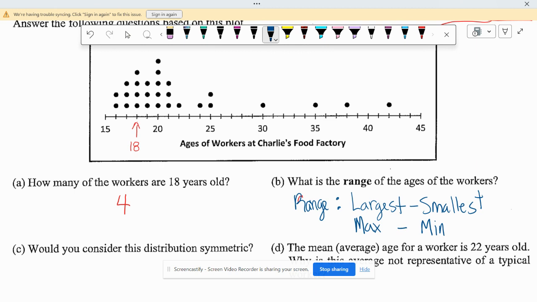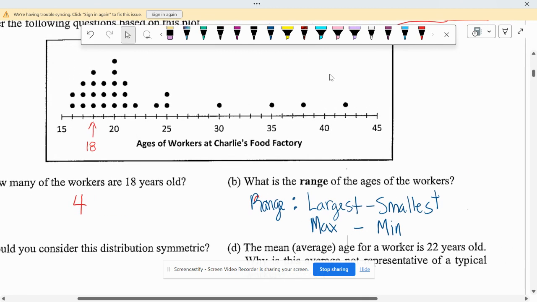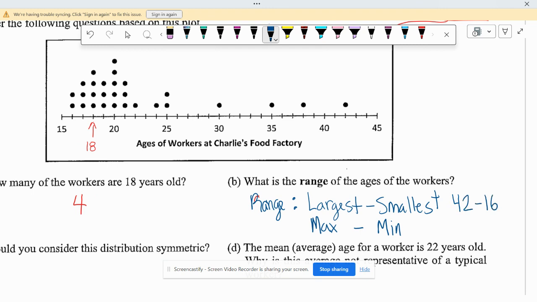Okay, so our largest number you said was what, Eleni? 42 minus, so what is 42 minus 16? So the range is 26. So remembering that it's the largest minus the smallest, okay?